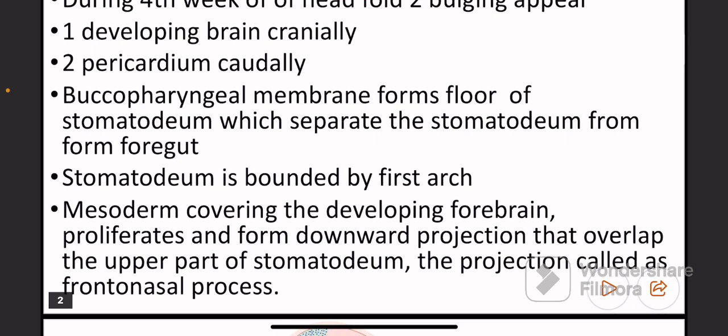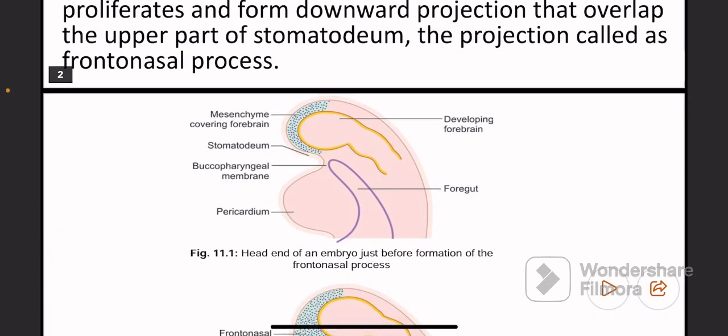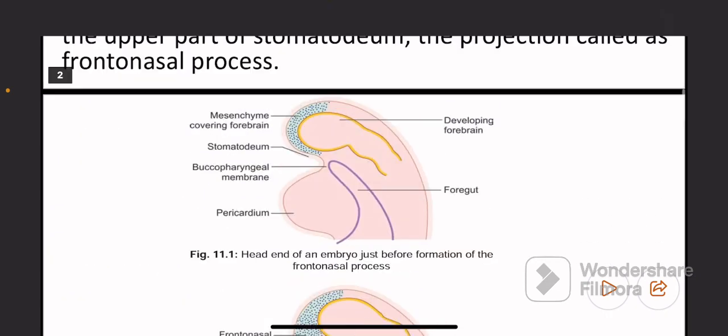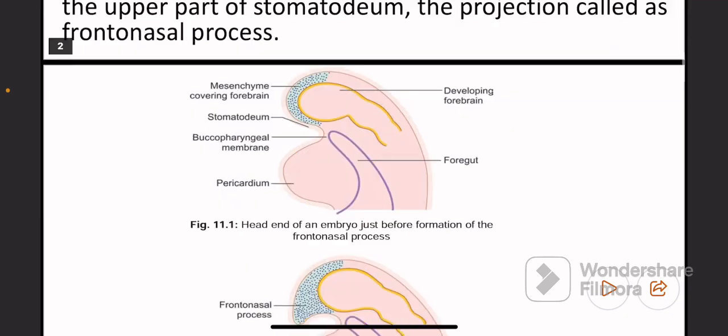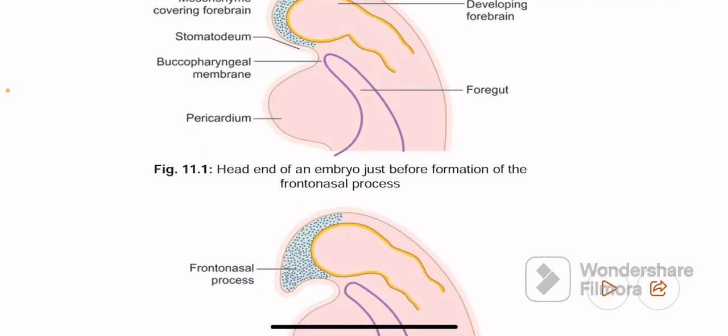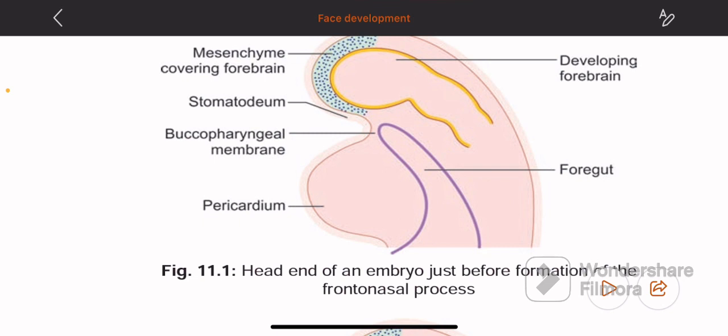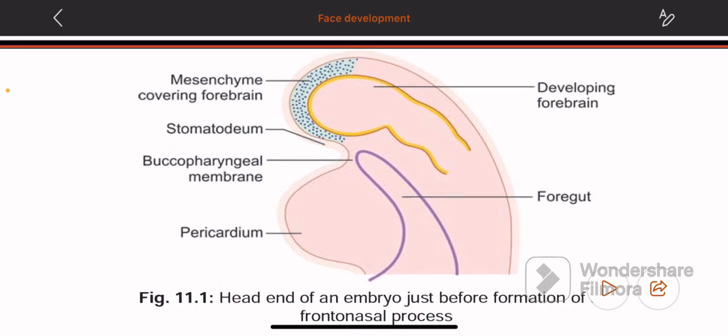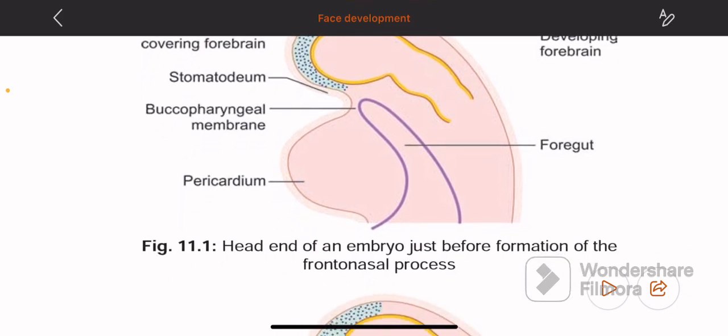foregut. You can see in the diagram here a bulging known as pericardium, and in violet color the buccopharyngeal membrane, which separates the stomatodeum from the foregut.